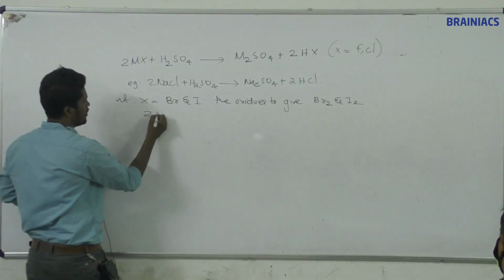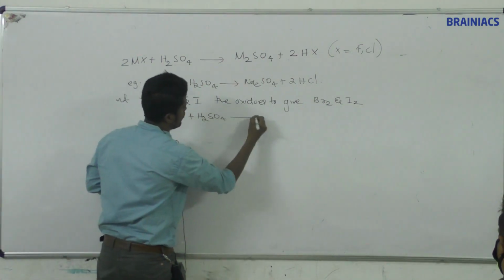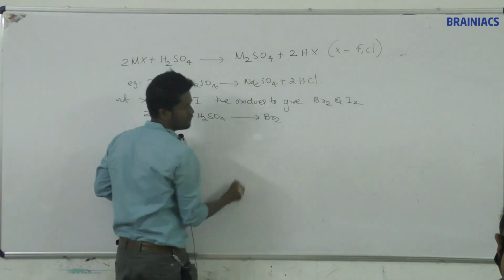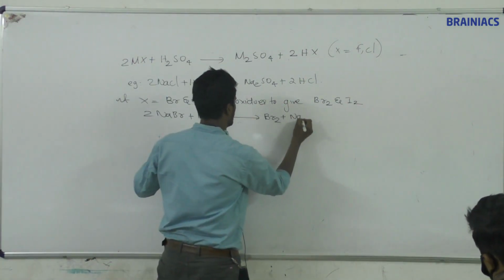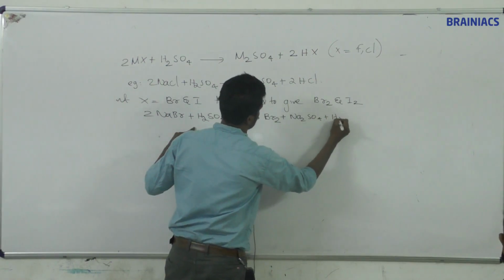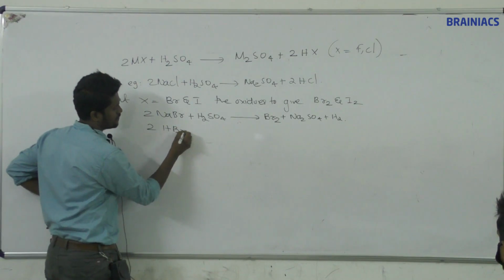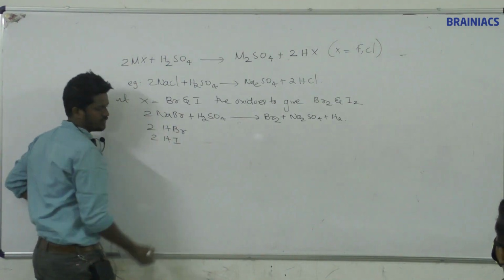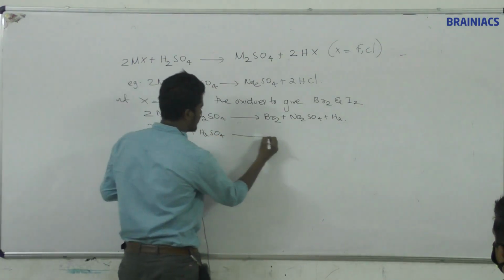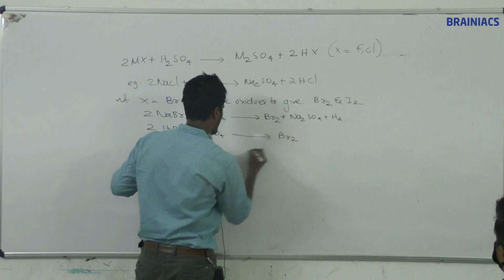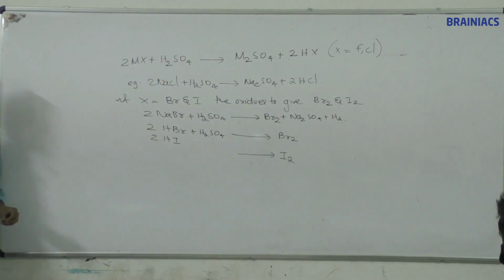So 2NaBr reacted with H2SO4 gives Br2 and Na2SO4 plus H2. In the same way HBr or HI also react with H2SO4 to give the corresponding Br2 and I2.